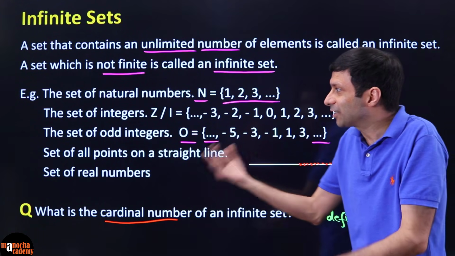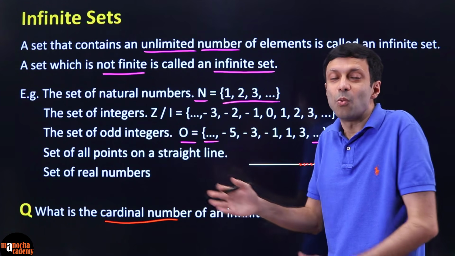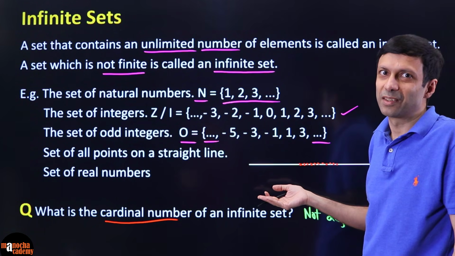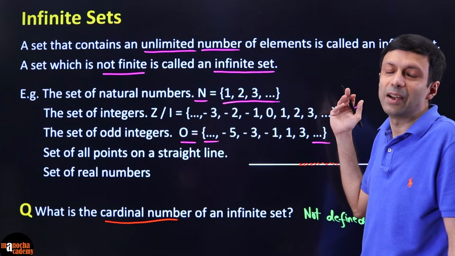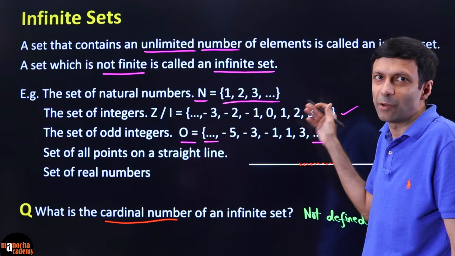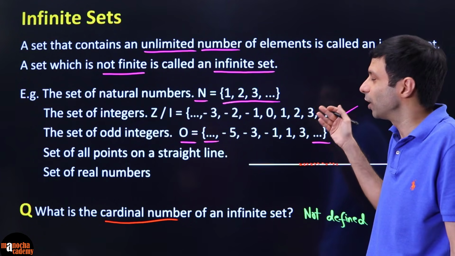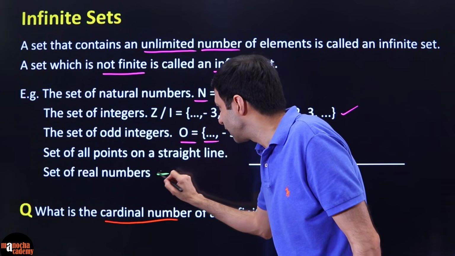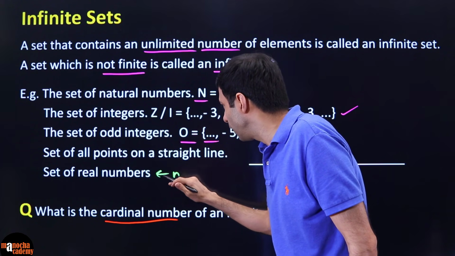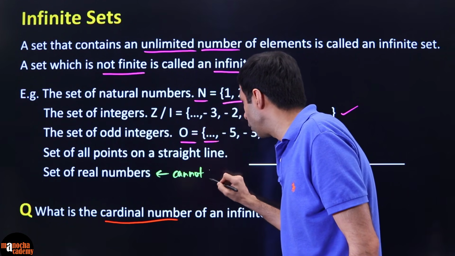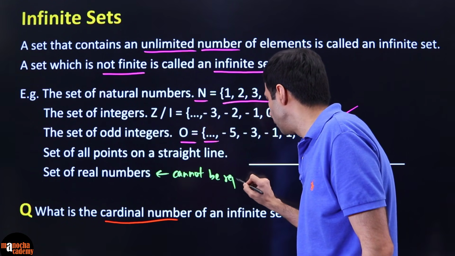So there are certain sets like the set of real numbers where it is not possible to represent it in roster form, right? Because it will have an infinite number of elements and there is endless possibility like 1.1, 1.11, 1.12, you can just go on and on. So there are certain sets like this which cannot be represented by the roster form.